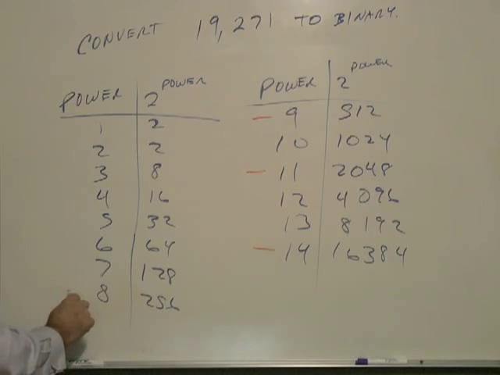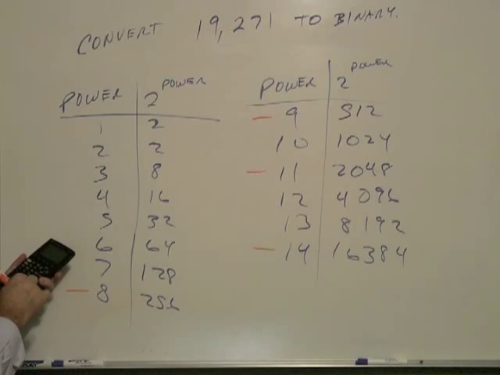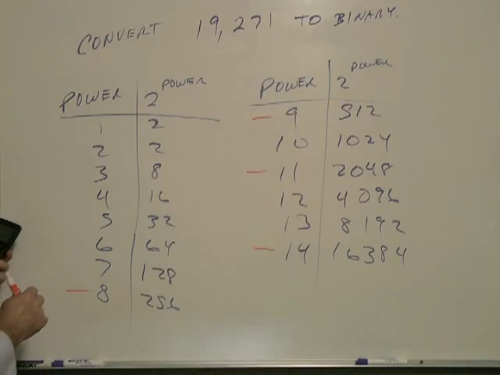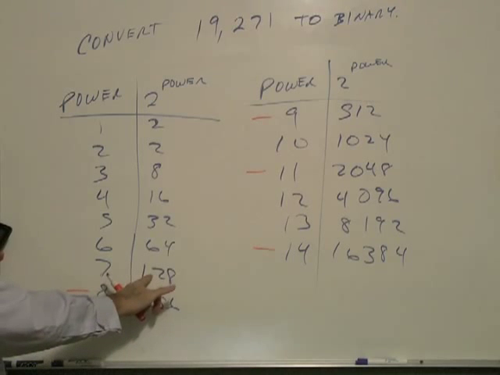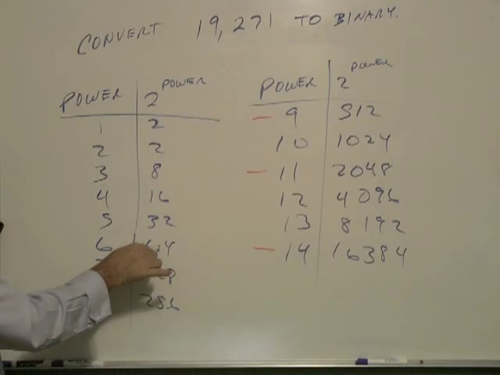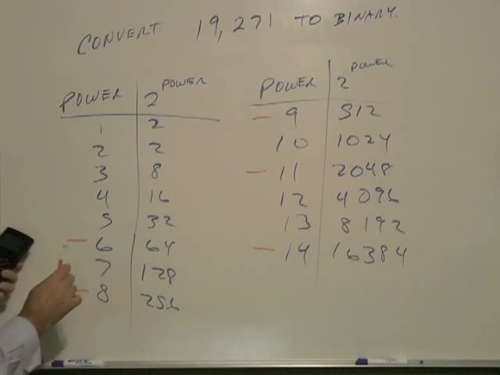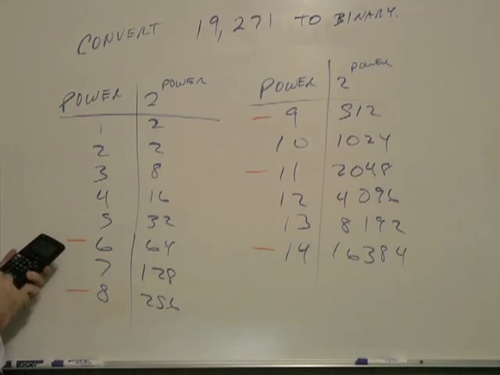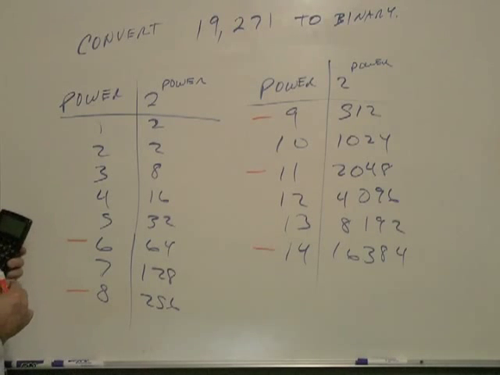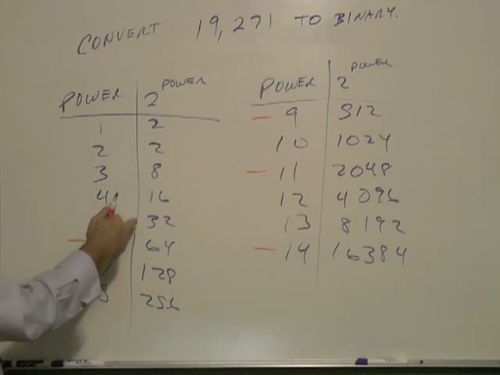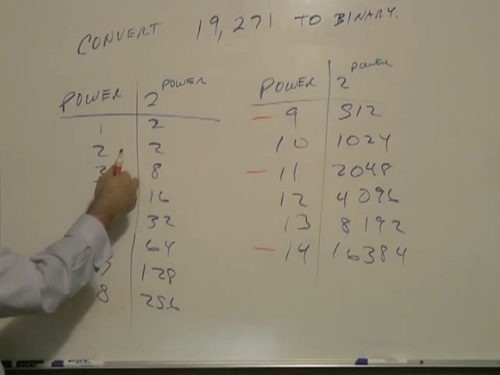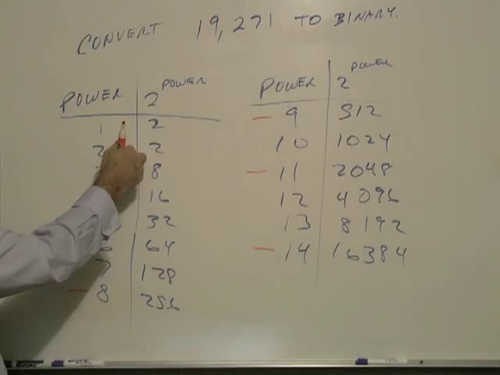I can subtract 256 from 327, so I'll subtract 256. I get 71. 71 is smaller than 128, but larger than 64, so I'll subtract 64 and get 7. So 7 is smaller than these three numbers, but I can subtract.